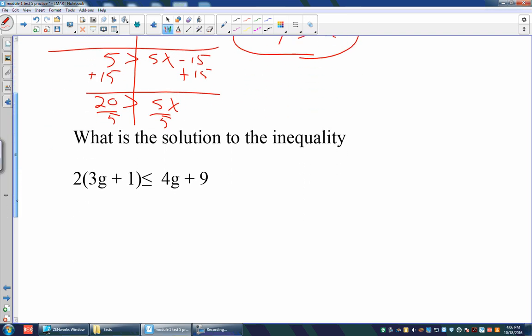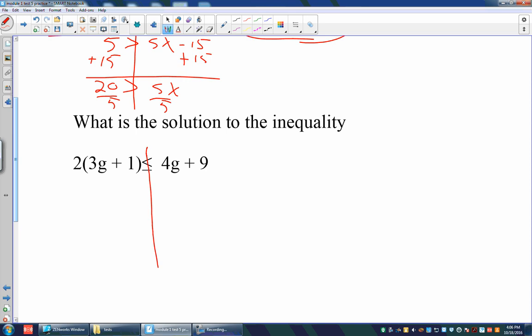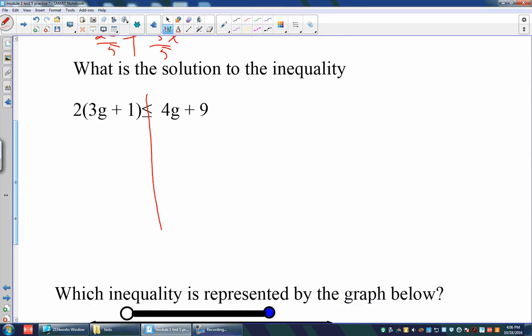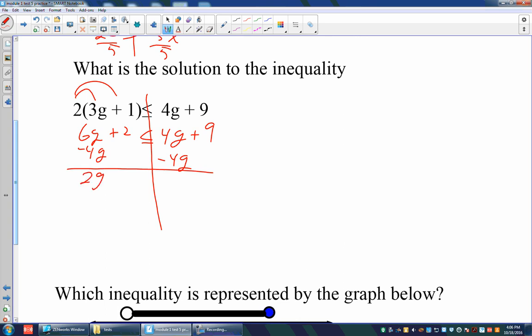What's the solution to the inequality? Same thing, just a little more complicated. We have to distribute for a 6g. We have to distribute for a plus 2. This has no distribution, so we have 4g plus 9. Now I am going to move the smaller pile of variables. So I have 2g plus 2 is less than or equal to 9.